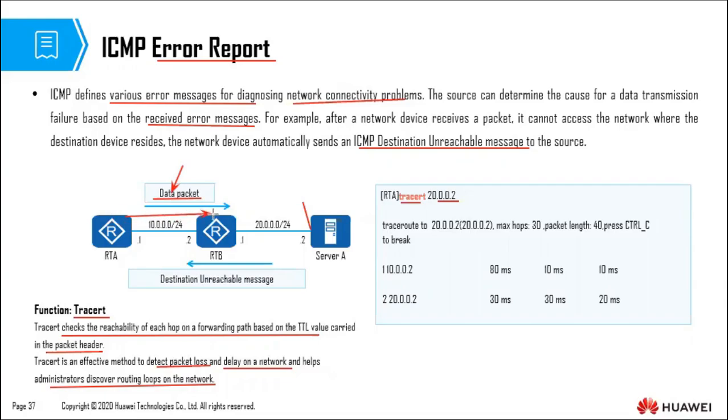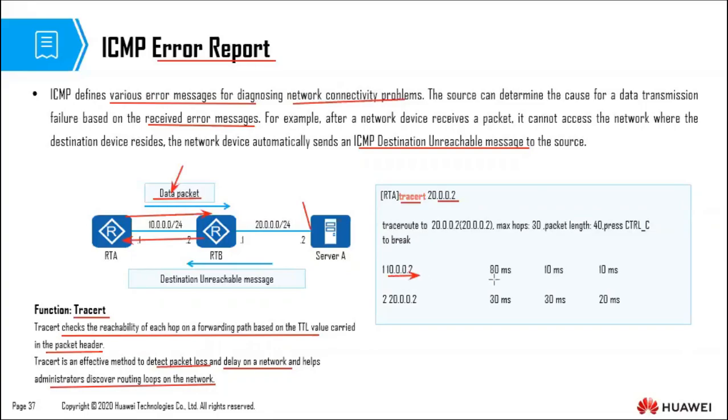RTB decrements the TTL by 1, it becomes 0. When it becomes 0, it sends an ICMP error message to this guy and discards that particular packet, right? Are we together? Now, when this guy receives this error message, it knows, oh, the first router towards my destination is 10.0.0.2.